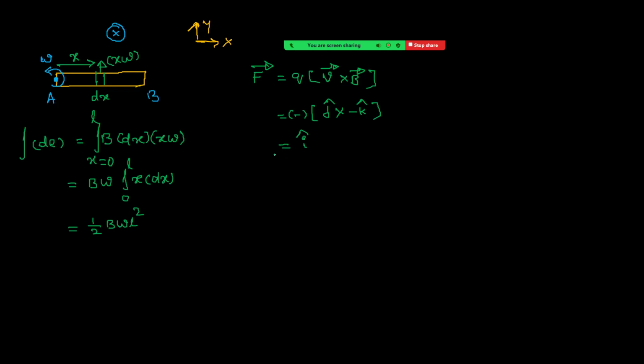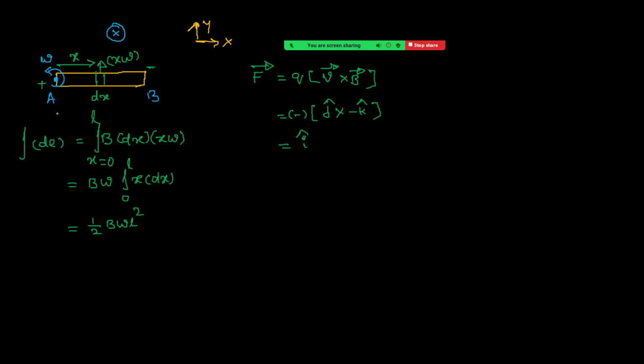That means the magnetic force on the electrons is toward the right side. So electrons accumulate at this end. This end becomes negative and the other end becomes positive. That means this end is at low potential and the other end is at high potential.